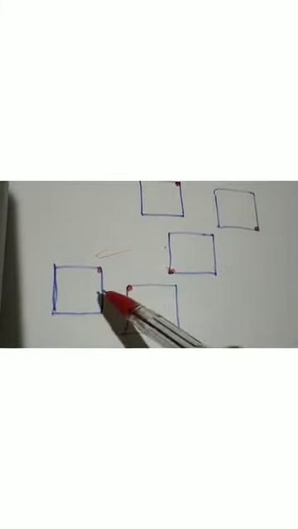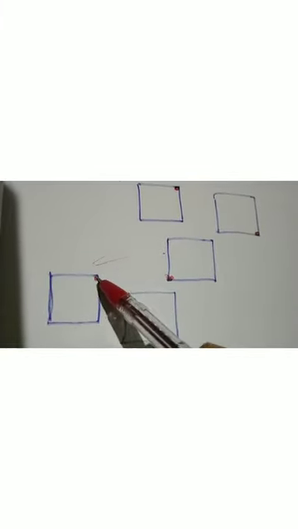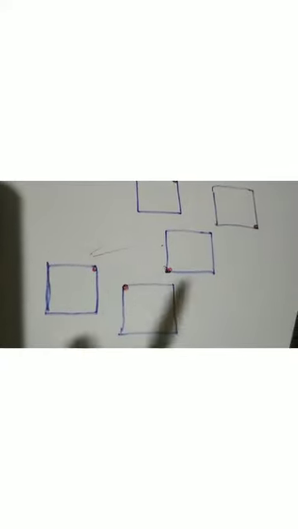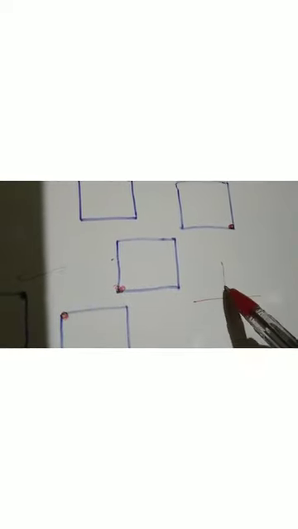That is, for this dot, 4 rotations are there. How many? 4 rotations. We can say this is the first one, then second, third and fourth. That is 90 degrees. Up to here, that is 180 degrees. That is 270 degrees.